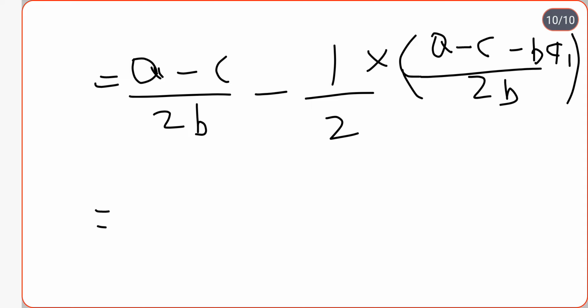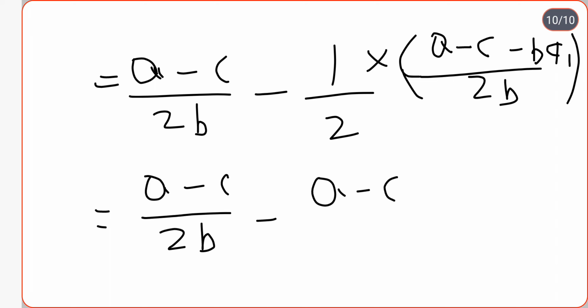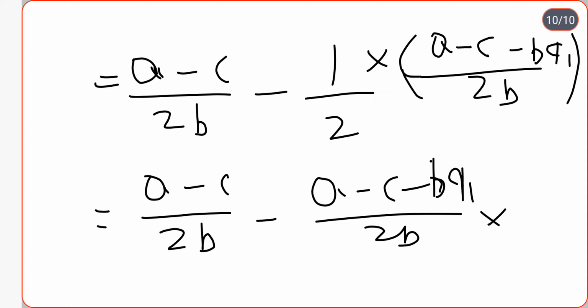Now if you multiply with this, it will be A minus C by 2B minus A minus C minus BQ1 by 2B divided by 2. Divided by 2 is nothing but multiplied by 1 by 2.